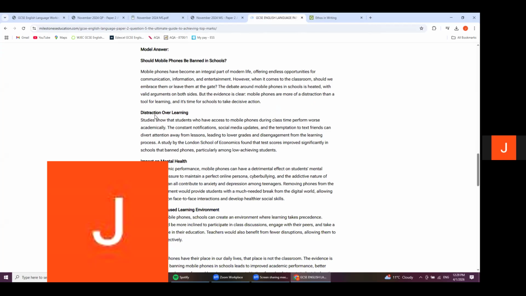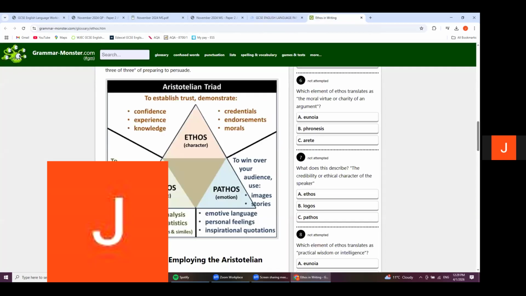I will move on to the next one. Distraction over learning. So we've used a subtitle, so we're thinking about best marks for construction. Studies show that students who have access to mobile phones during class time perform worse academically. And I suppose that's something we can all relate to, can't we? That's certainly a statement which is very true. So it's almost like an analogy, a reference to the real world.